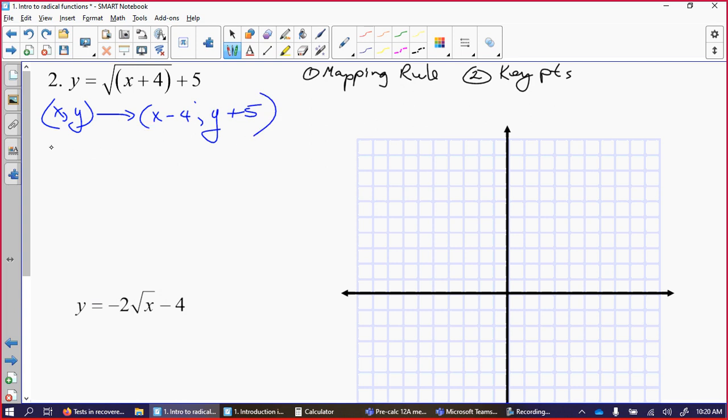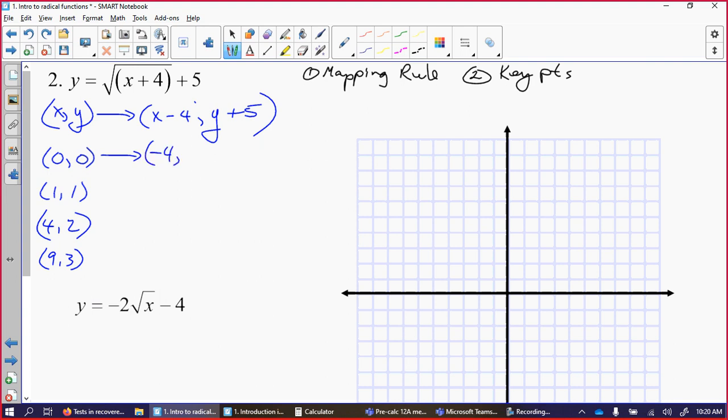So our key points were 0, 0, 1, 1, 4, 2. This one, just because I know 9 and 3 is going to work, x minus 4 is negative 4.